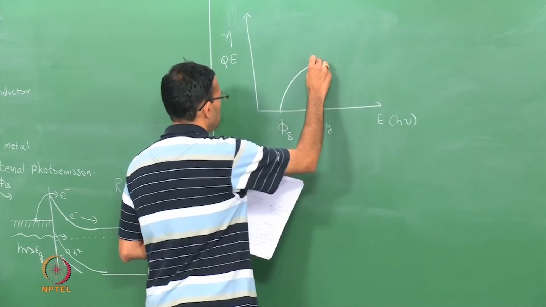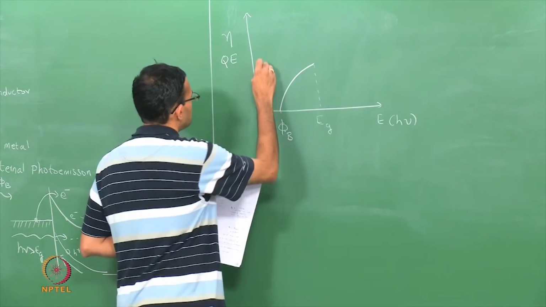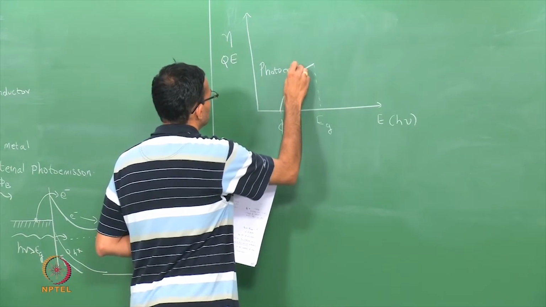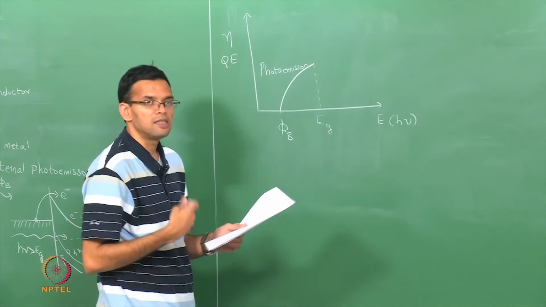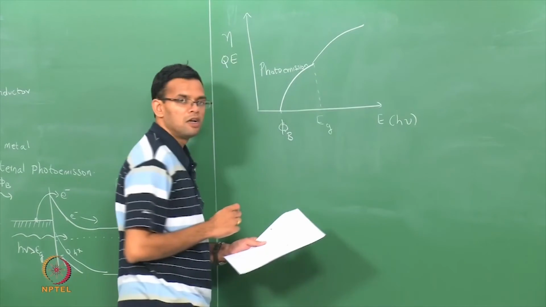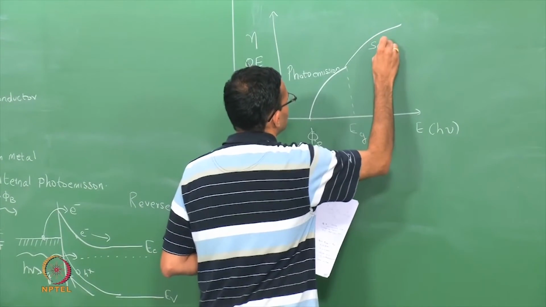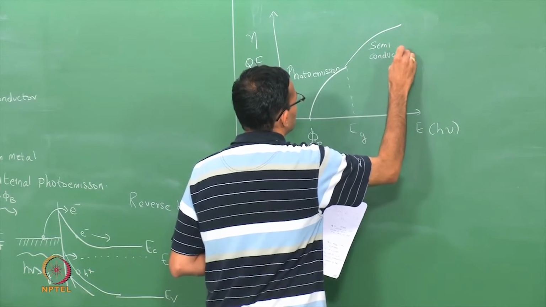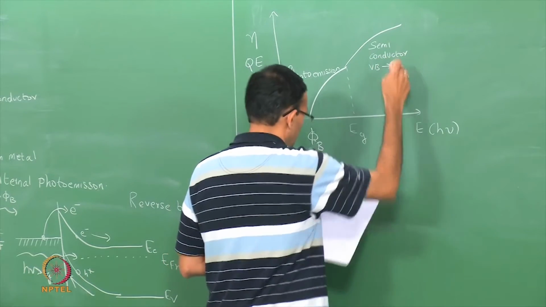Above the barrier you have some gain because of the internal photo emission process, and above Eg your gain is higher because you now have the transition within the semiconductor. So, this is valence band to conduction band.